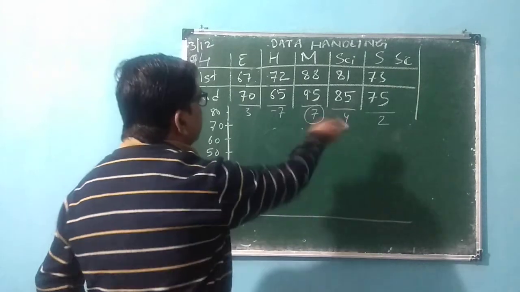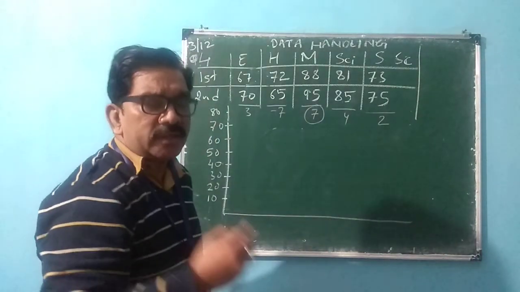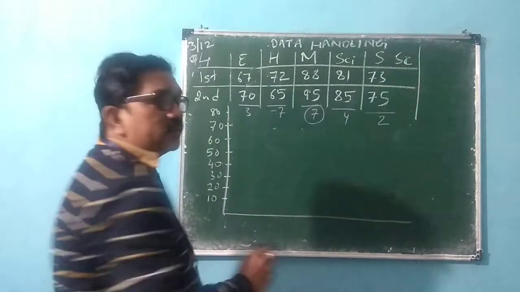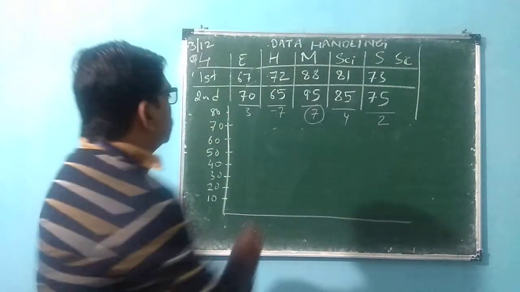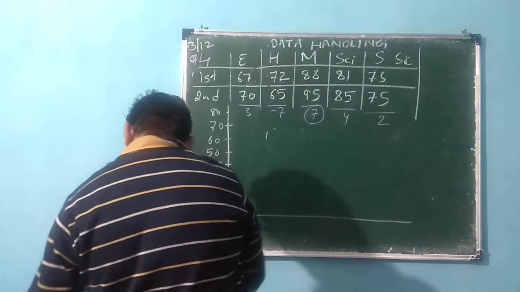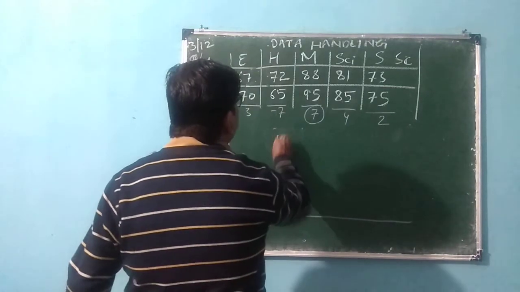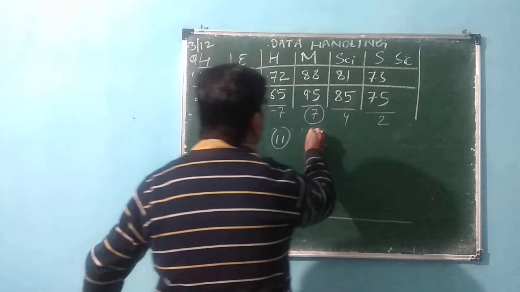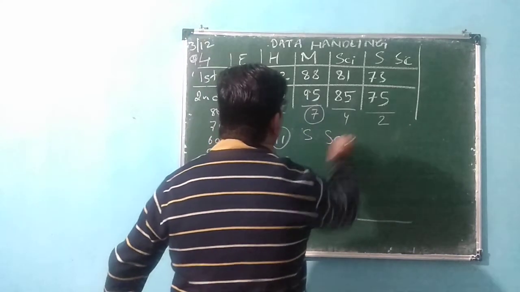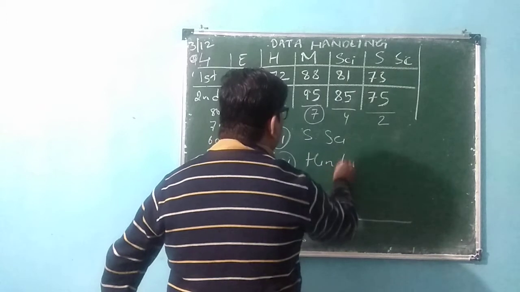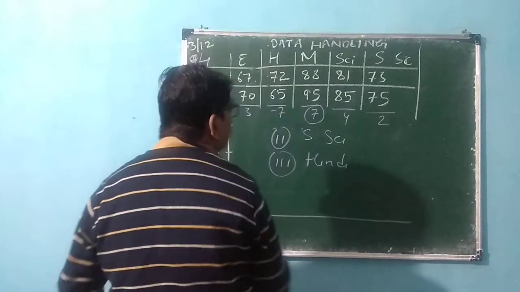In the others there is some increment, but in Hindi it is minus 7, so it has gone down. So the third part answer is Hindi. The second part answer was social science, and the third part answer was Hindi. Okay.